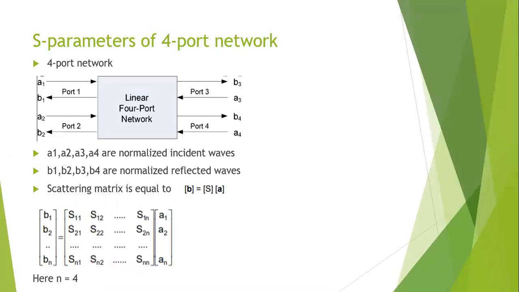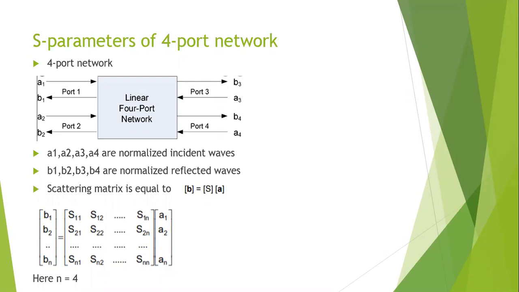For proper understanding of the S parameters of a network, let us consider a four-port network. Here is the model or equivalent circuit of a four-port linear network. A1, A2, A3, A4 are normalized incident waves. B1, B2, B3, B4 are normalized reflected waves.